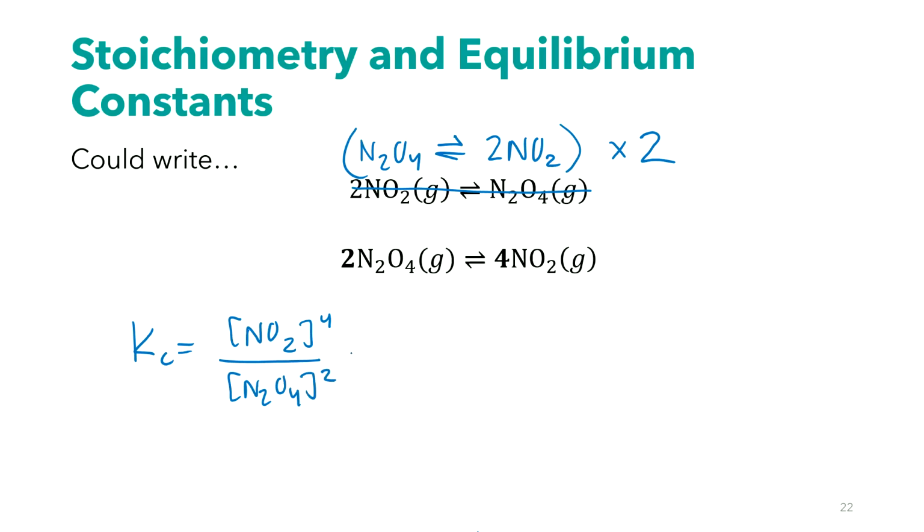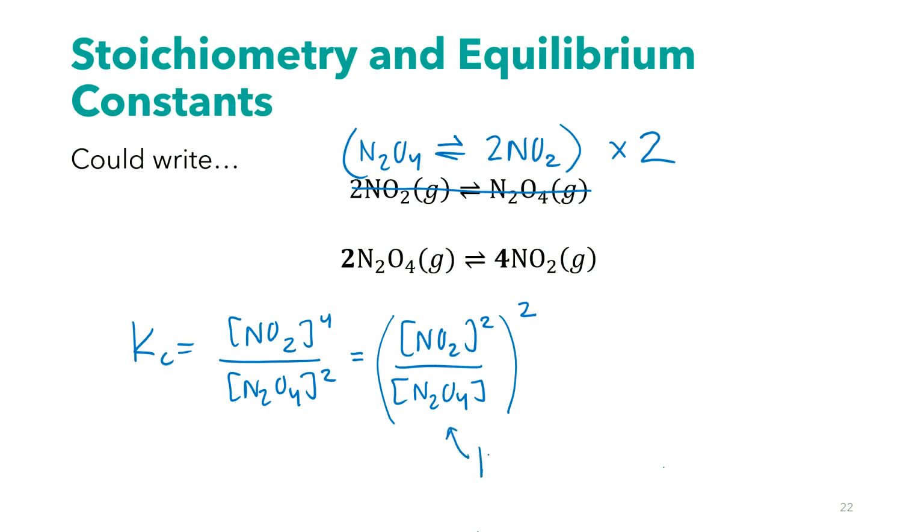What I can recognize is that if I were to write NO2 squared divided by N2O4, and then square that, those two are equivalent. The reason I did that was to show you that that is our old K value, for the original reaction before I multiplied by 2.